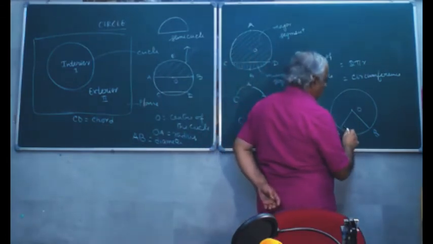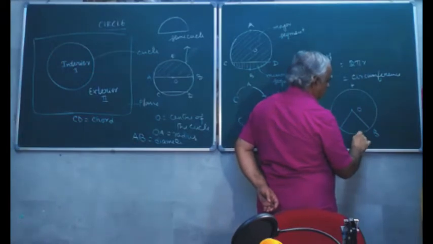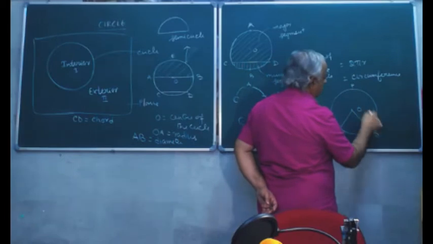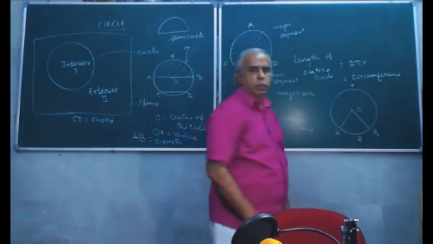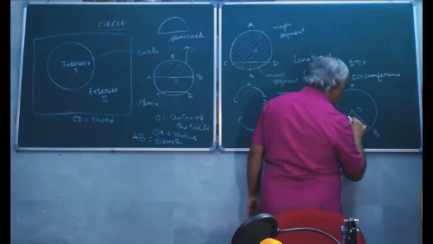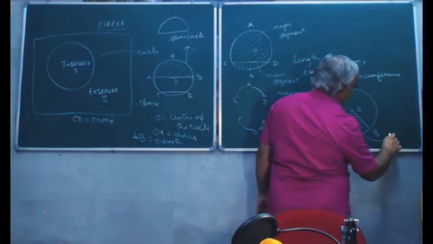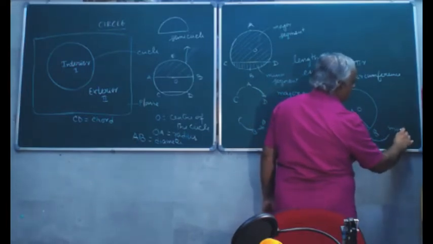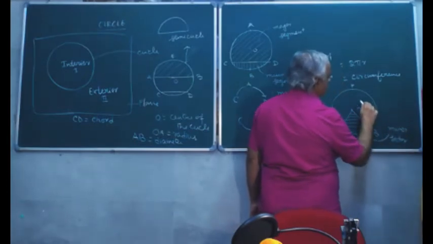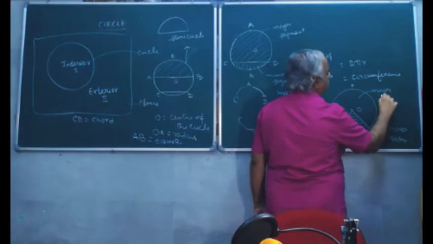So let us say this is P, this is Q. So AOP, this area, is called the major sector. And the minor sector is this portion.